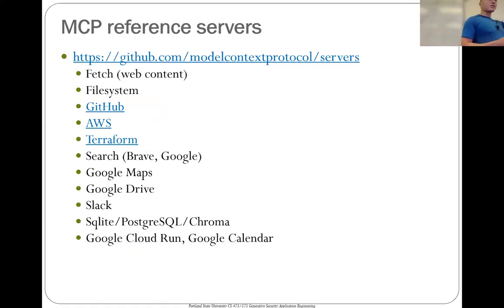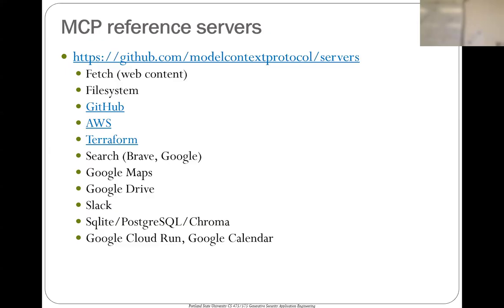Okay, so I mentioned this. This is the URL to look at all the reference servers. In the lab, you're going to do a fetch, and a Git server, not a GitHub one, just a Git server where your Git repository is local. GitHub is when you're trying to access the repository remotely, but there's a Git MCP server that's built in the lab.